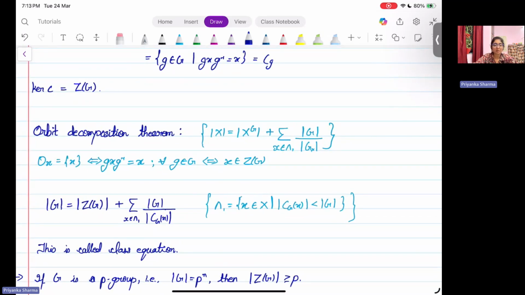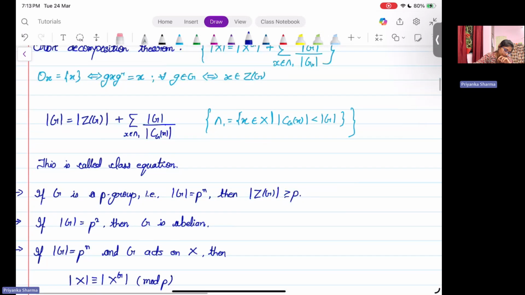That is, the order of the group is the sum of the order of the center and the summation of the order of G divided by the cardinality of the centralizer CG of x. Okay, so let's do it.